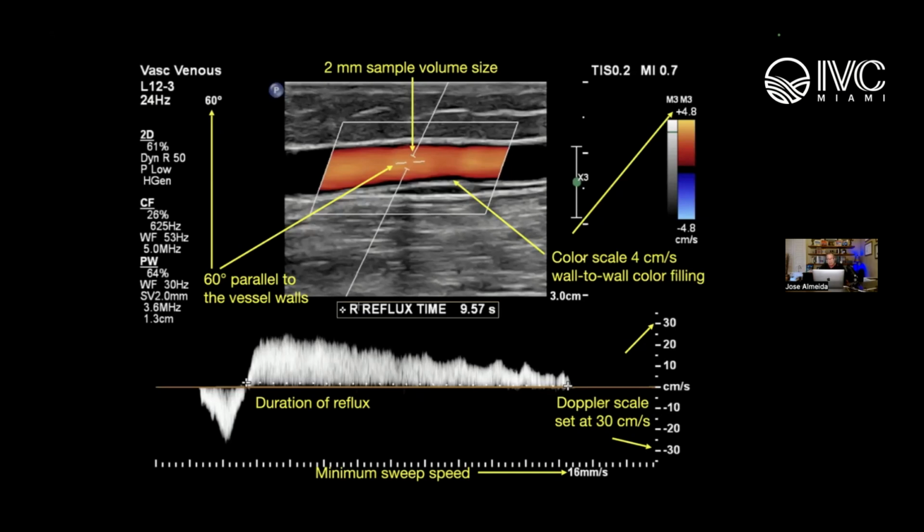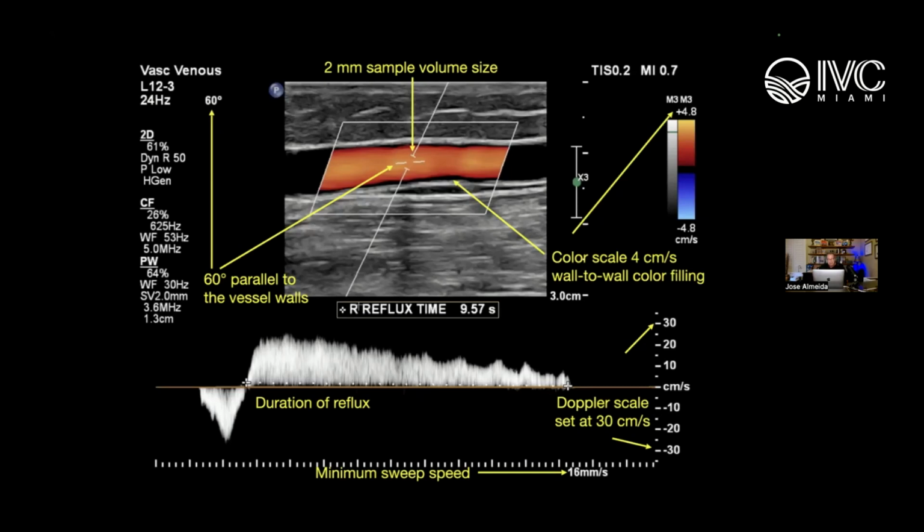Of course, you have to know where the head is, and that's that little blue P on the upper left corner. And then you see all the settings. The sweep speed is low, so your frequencies don't get all bunched in there.